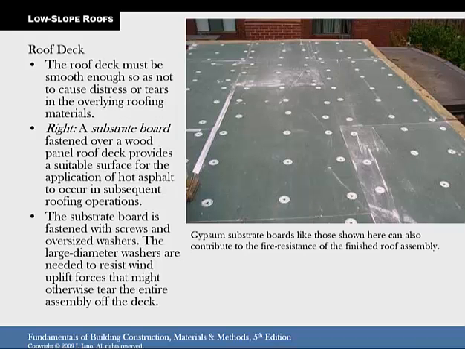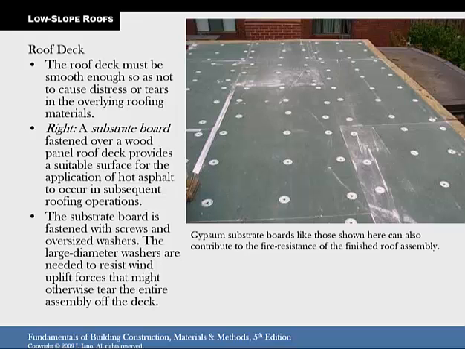So the roof deck must be smooth so as not to cause distress or tears in the overlapping roofing materials. So you need to take care in how you place your deck so there's no sharp things sticking up that will cut through the membrane or whatever topping you're going to put on there. Here they're using a substrate board that is fastened over a wood panel roof deck and provides a suitable surface for application of hot asphalt.